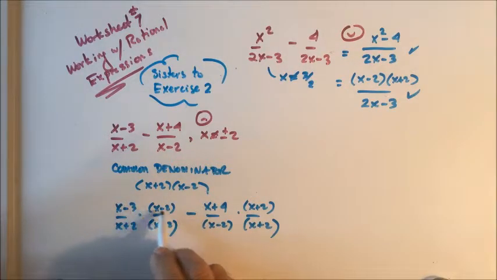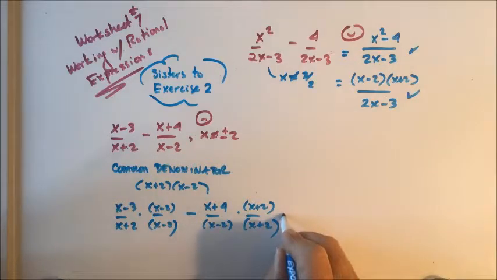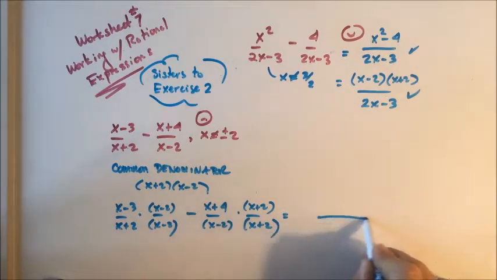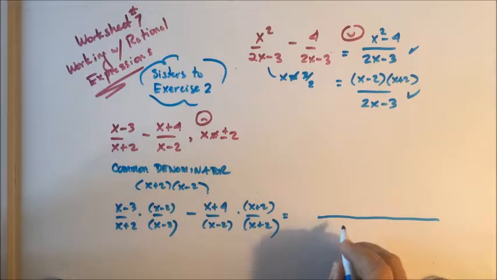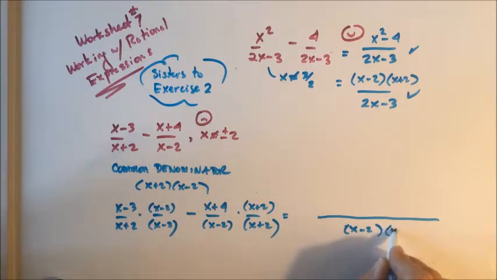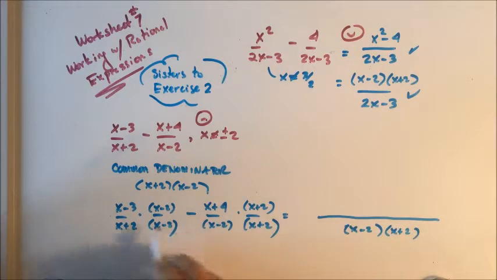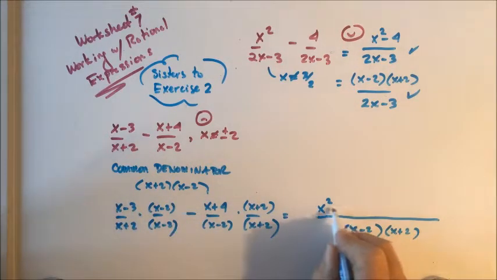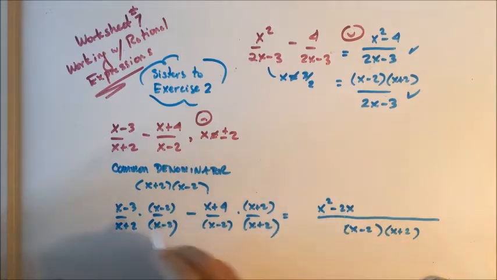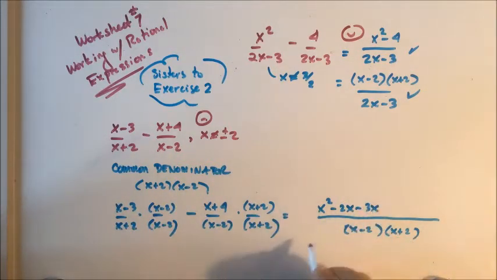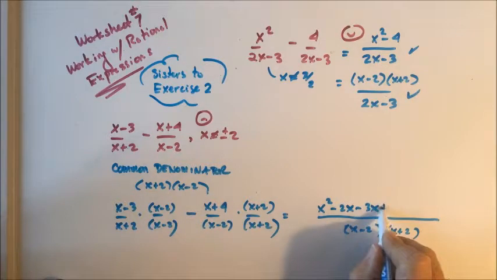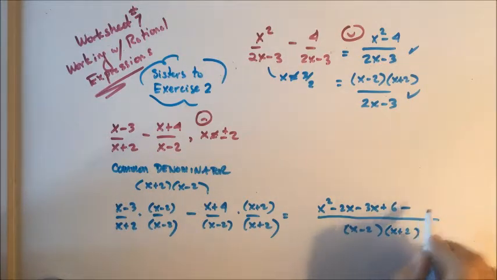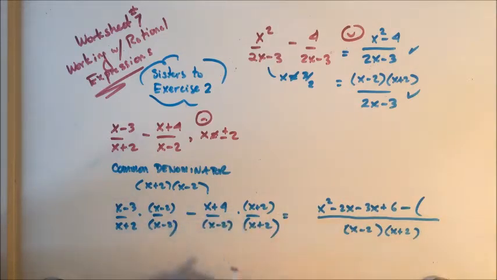So let's see what we have. I've got a couple of binomials that I have to work out here. I've got this common denominator going for me. Now I'm going to multiply x minus 3 times x minus 2, and I get x squared minus 2x minus 3x plus 6. And then I'm going to subtract everything.